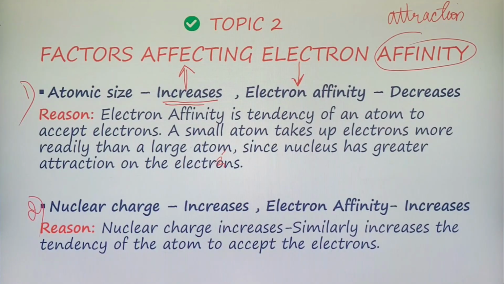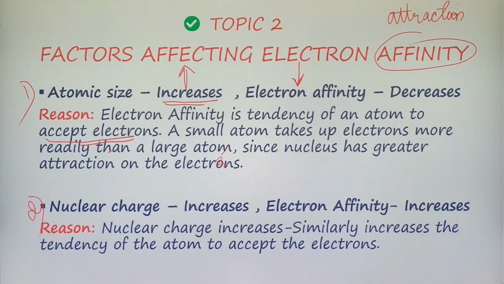Please read this. What is electron affinity? It is the amount of energy released when it is trying to accept an electron. Can you see this? A smaller atom, when the atom is very, very small, the nucleus is closer to the electron, so the nucleus will have a greater attraction on the electron.